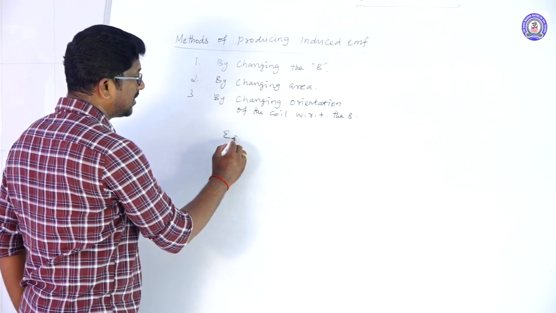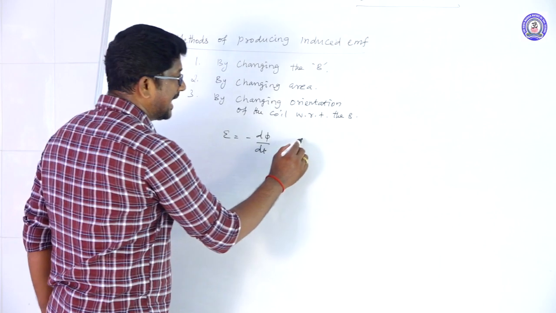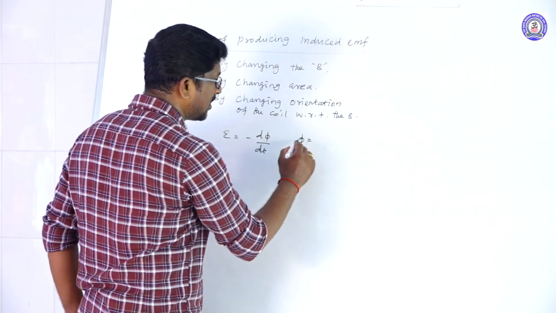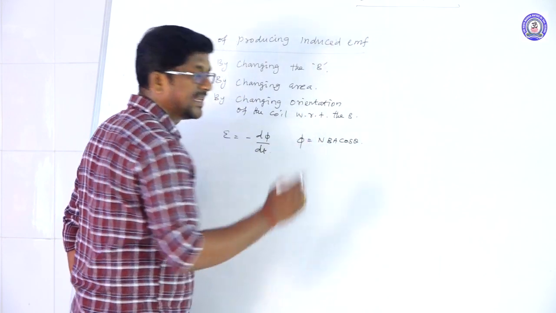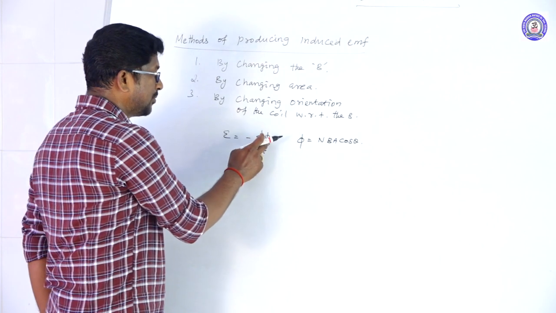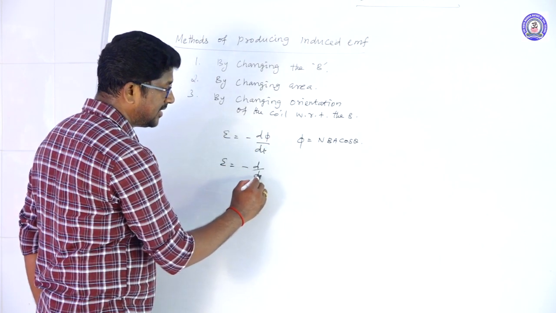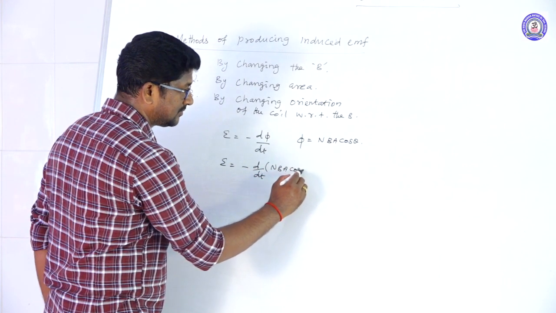Induced EMF general formula: E is equal to minus dΦ divided by dt. And the magnetic flux linked with the coil or closed circuit is given by the common formula Φ is equal to NBA cos theta. Substitute the Φ value here, then induced EMF E is equal to minus d divided by dt of NBA cos theta.